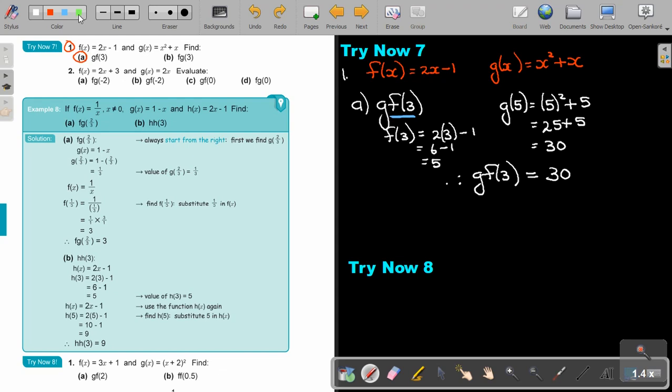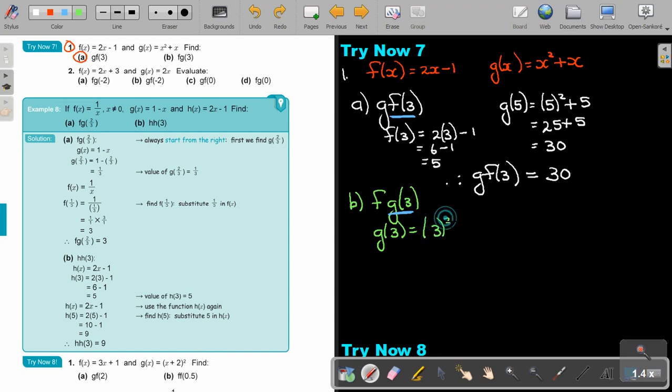Okay, let's do number B. In number B, I'm saying fg(3). Now again focus. I start with g. So in this case, I'm first going to say g(3), and that's going to give me 9 plus 3 and that's going to give me 12.